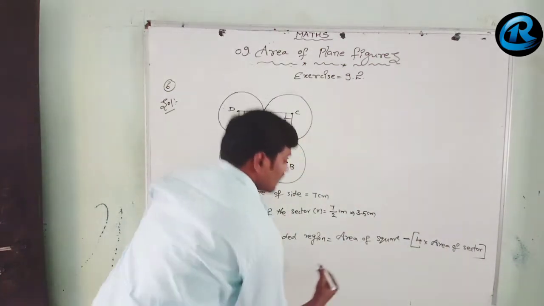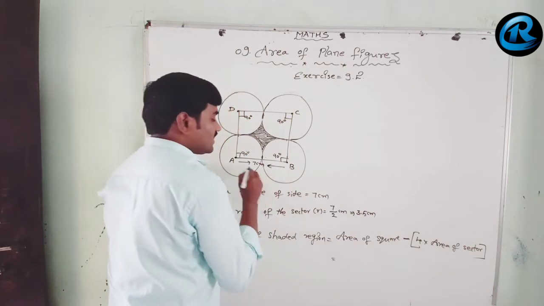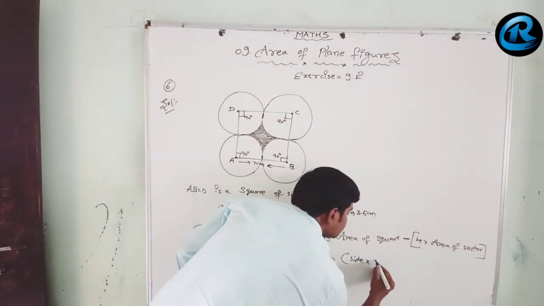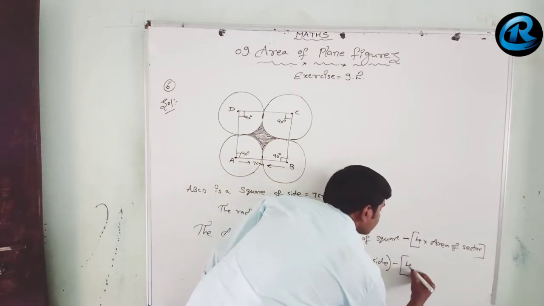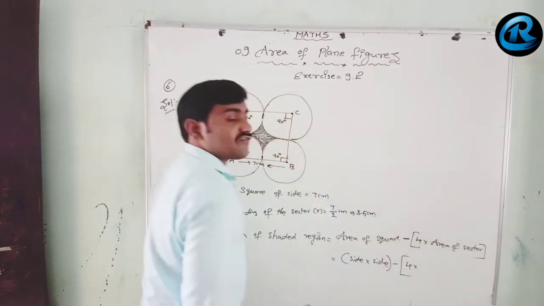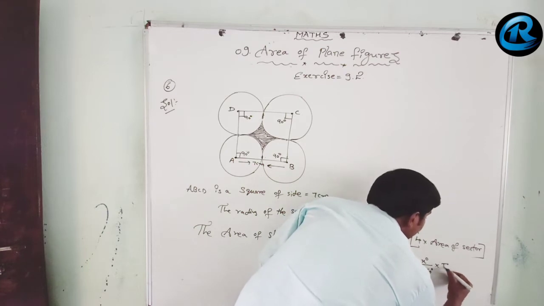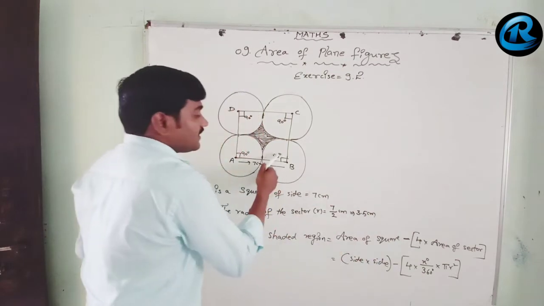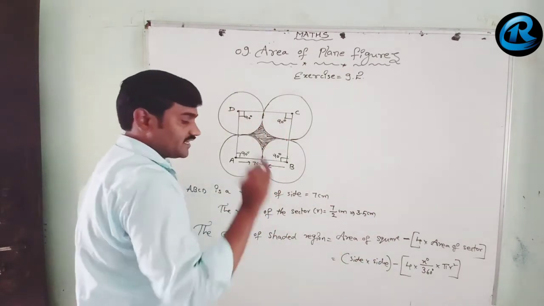The formula, as we discussed in the beginning of this chapter, is x degrees by 360 degrees into pi r square. Here x is the angle subtended between the radii, that is 90 degrees.